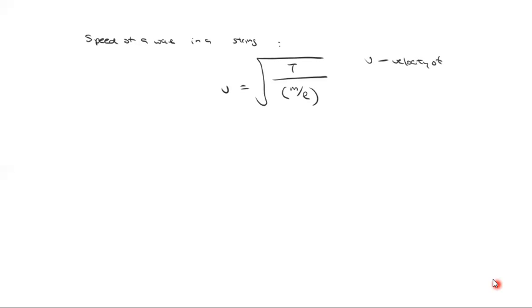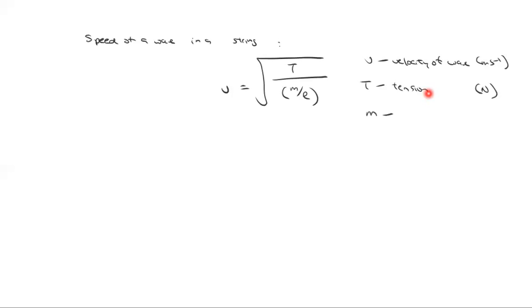The speed of a wave in a string is equal to the square root of T divided by m over L. So v here is the velocity of the wave in meters per second. Your T here is tension in newtons, and that basically explains how tight you make the string.